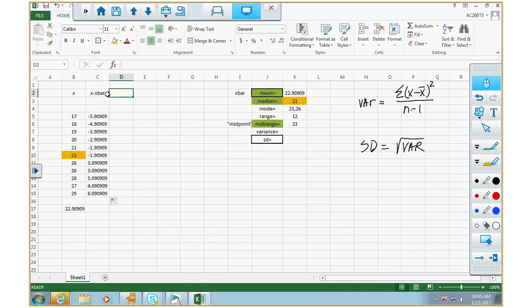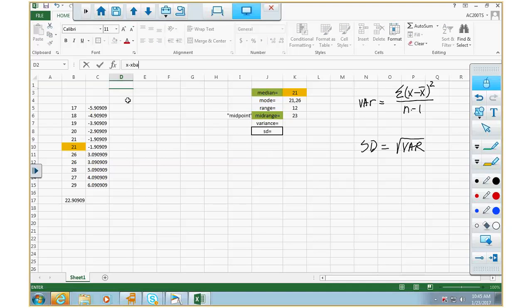All right, x minus x bar. What do we do with x minus x bar? You square it, right? So this is going to be called x minus x bar, quantity squared. I know it would help to have a parenthesis like this. Okay, I guess it's just not going to.